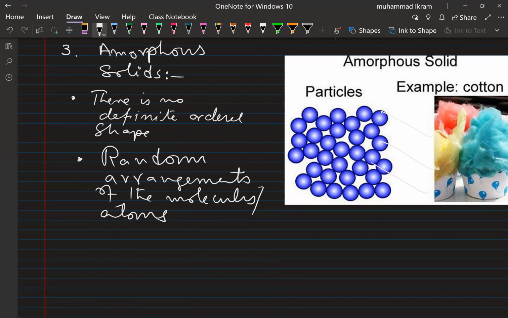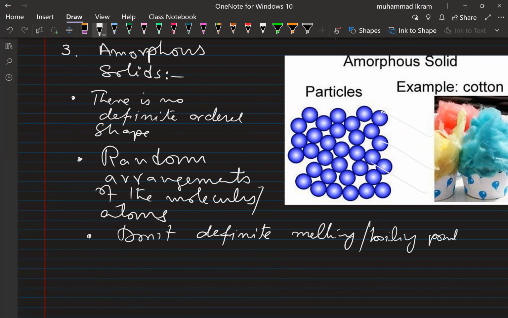For example, glass. Such substances do not have a definite melting or boiling point.